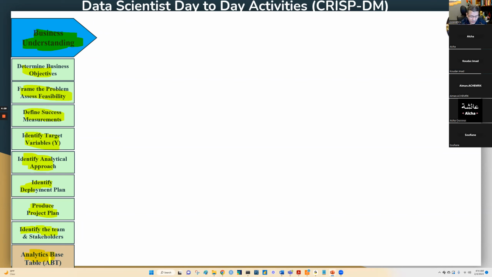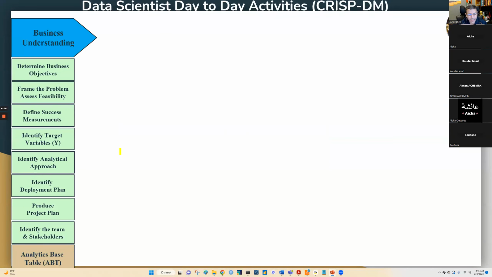And finally, we learned how to create or determine the ABT in case there is no data. So that is what needs to be accomplished during phase number 1, the first phase of CRISP-DM, if you were to use it.